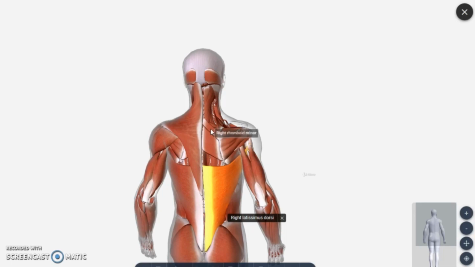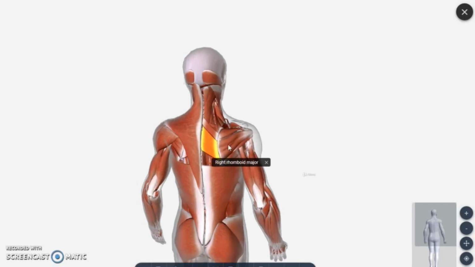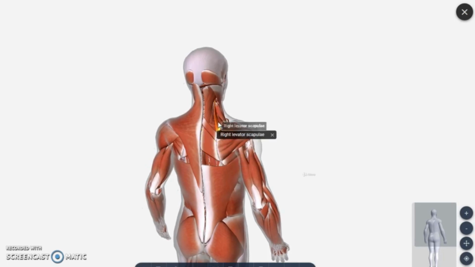One is called rhomboid minor, another is called rhomboid major, and above these two muscles we have another muscle called levator scapulae. So just below the trapezius muscle, in the deeper layer, we have three muscles from above downwards. One is levator scapulae, below that we have rhomboid minor, and below that we have rhomboid major.